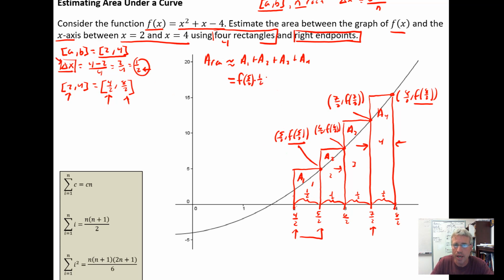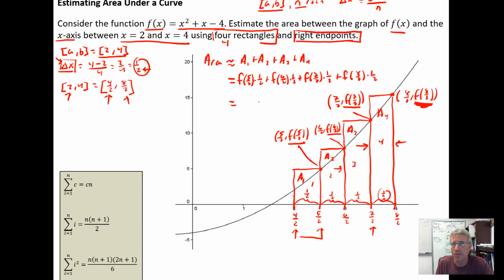So it's times a half, plus the height of the next rectangle, f evaluated at 6 halves, times a half, plus the area of rectangle 3, which is the height of rectangle 3, just f of 7 halves, times the width, which is a half, plus the height of the last rectangle, f of 8 halves, times the width of that rectangle, 1 half.